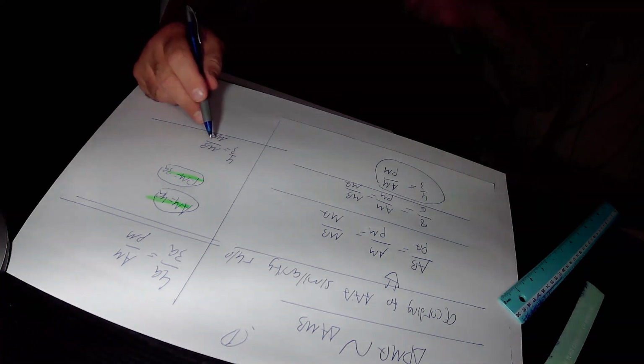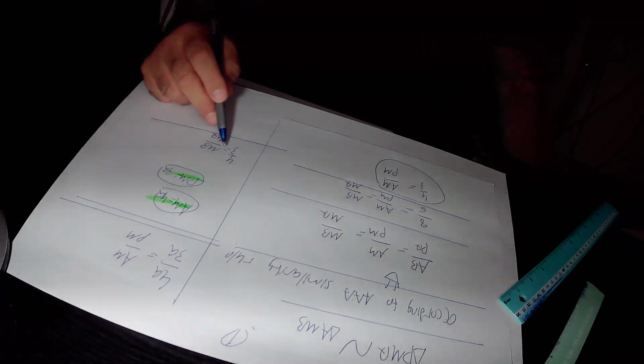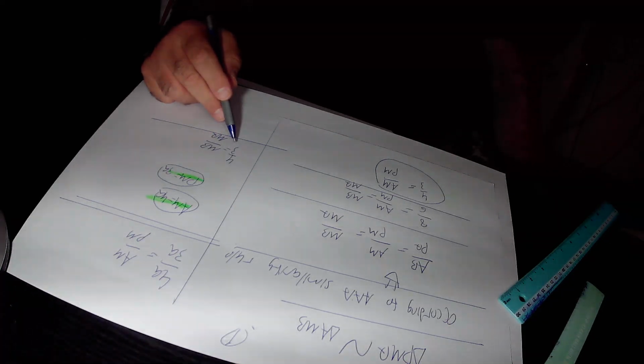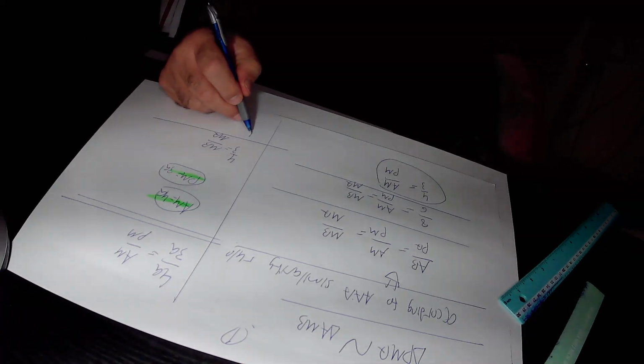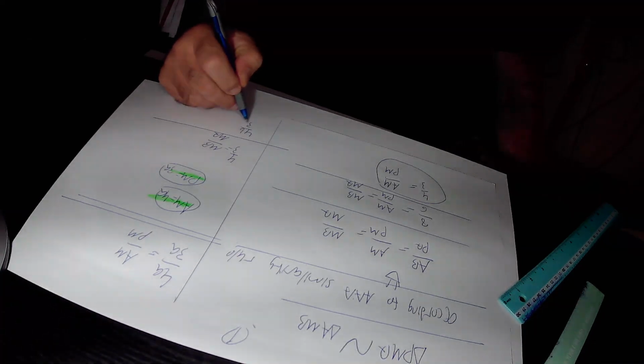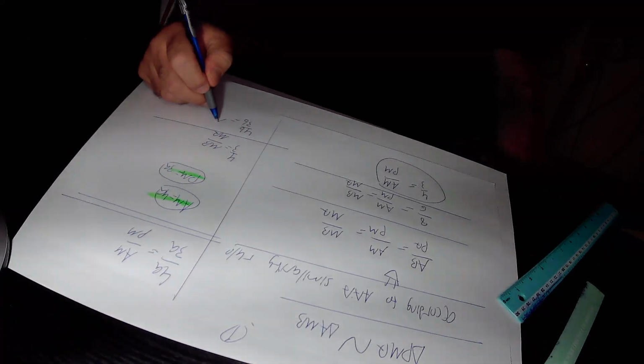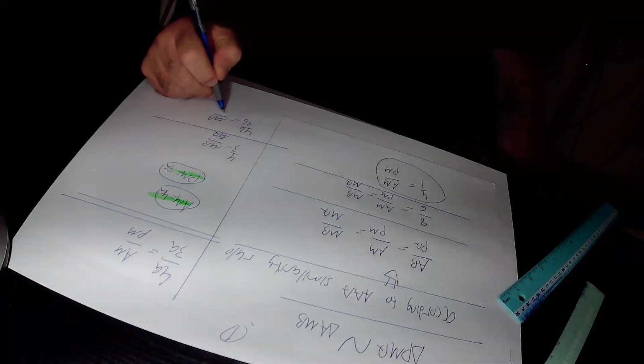So here we multiply this side of the equation, both the numerator and the denominator, by B, and you get that 4B over 3B equals MB over MQ.